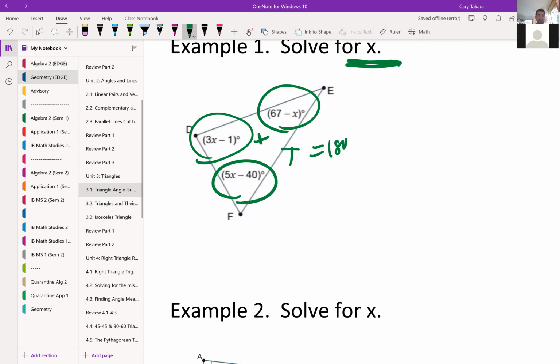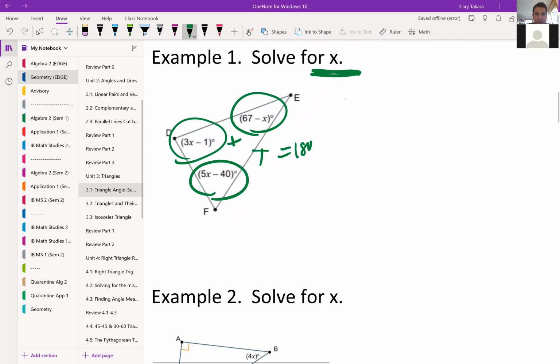That will be the equation. So it will be 3x minus 1 plus 67 minus x plus 5x minus 40. And they are equal to what? Equal to 180.